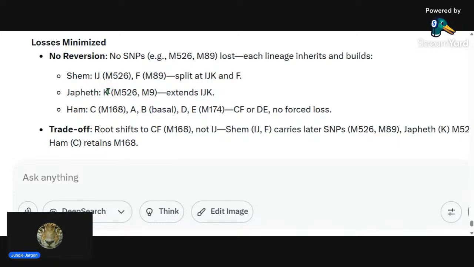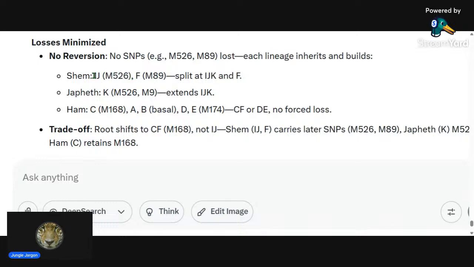So the sons of Japheth, the brothers of Tubal, extend the IJK marker. That makes sense. And its own M9 lineage. So back to Shem, IJ has its own marker.